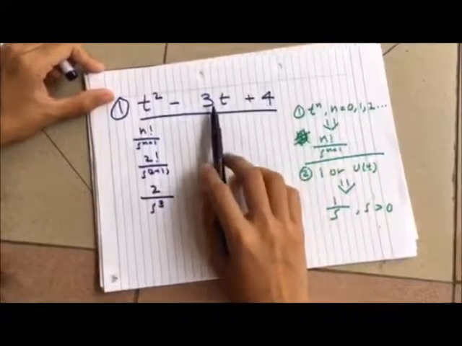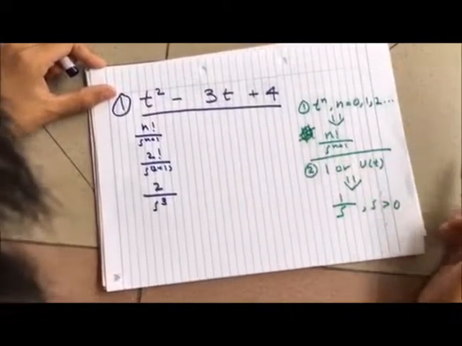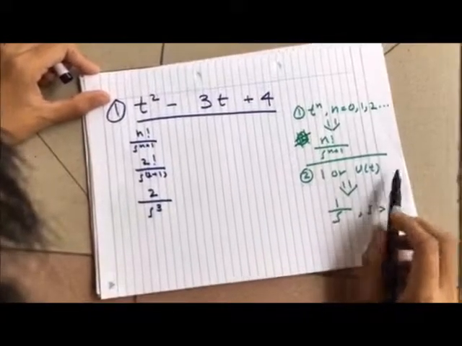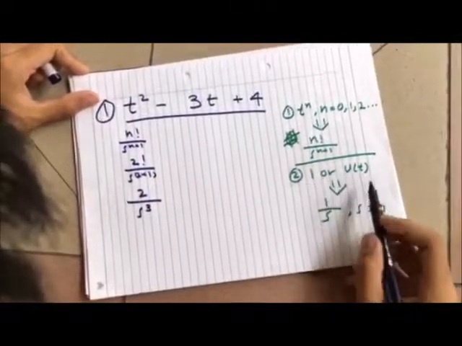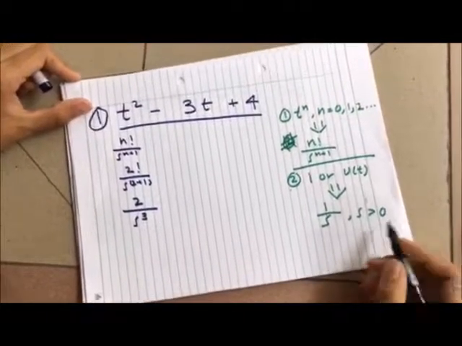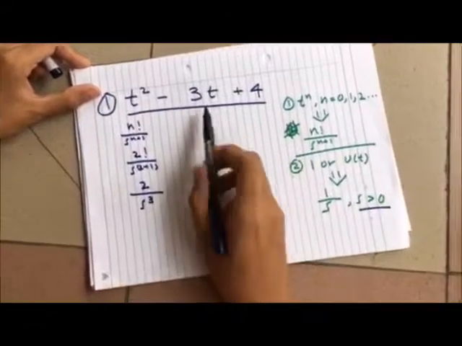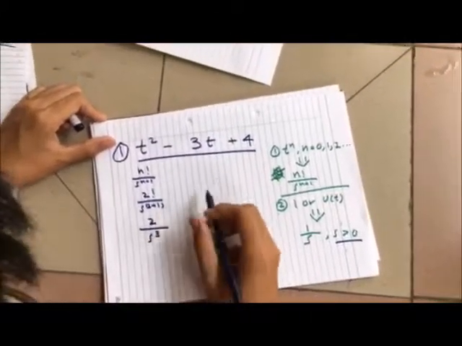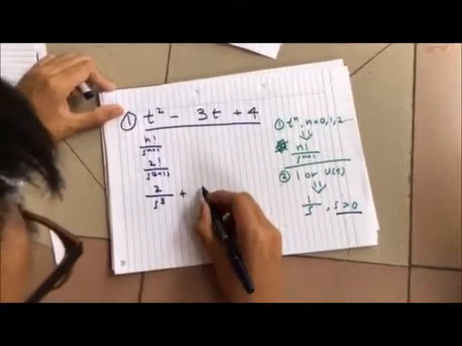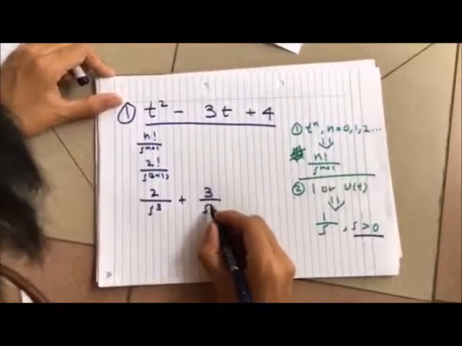Now, with 3t, we'll use the other method, which is this. u(t), or 1, when you Laplace it, it will give you 1 over s. The s must be greater than 0. So in this case, it's 3 over s squared.